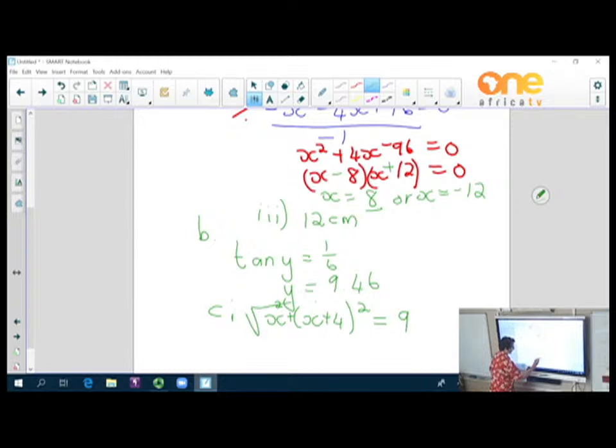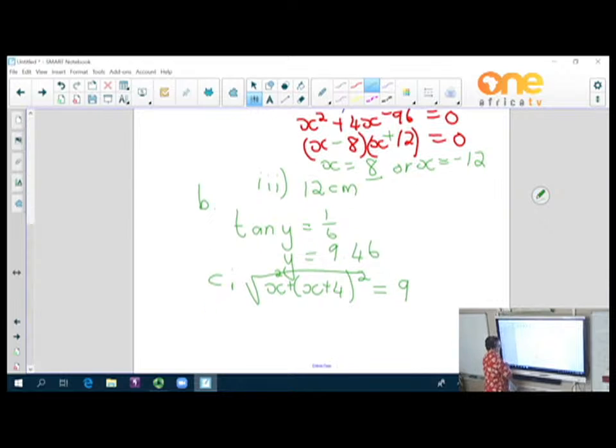To get rid of this square root, I'm going to square, so then you still have x squared plus x plus 4 squared is equal to 81.